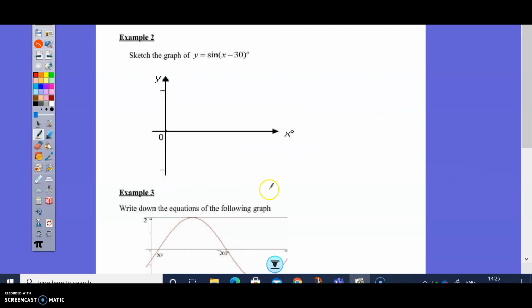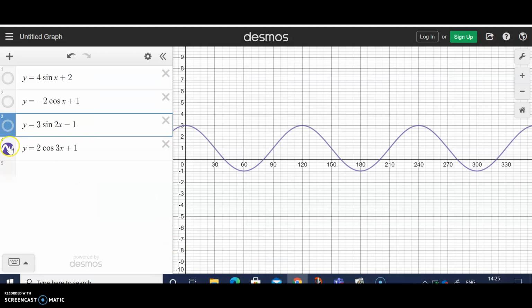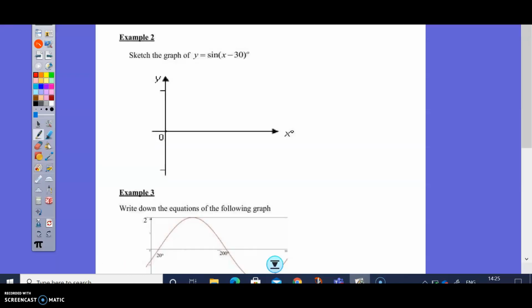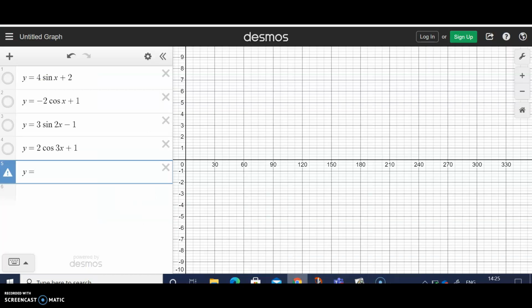Okay, sketching the graph then, I'm just going to go straight to Desmos and let you see what this would look like, and then I'll do a wee sketch of it for you as well. So y equals sine x minus 30. Have a wee think about what you think is going to happen here.